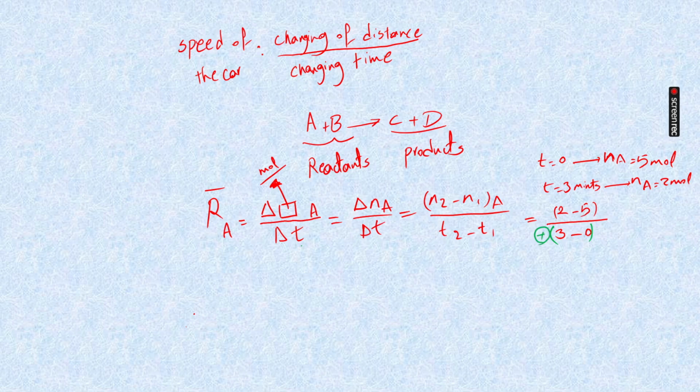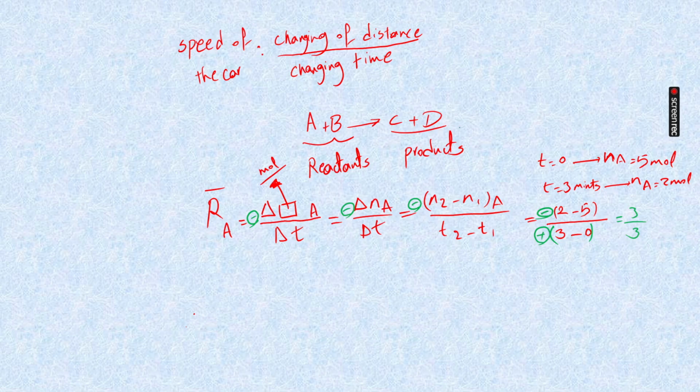A negative rate is meaningless. So I have to multiply by minus just for the reactant. Look, that's why I bring the minus here. So 2 minus 5 is minus 3, multiplied by minus, it should be 3 over 3.